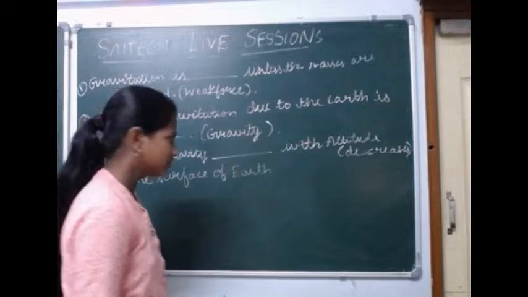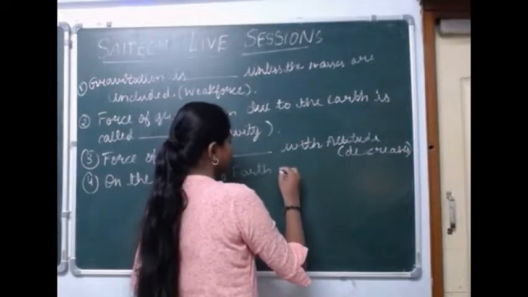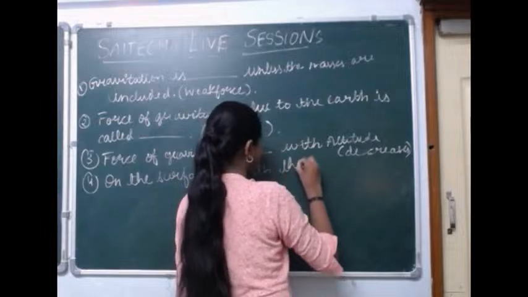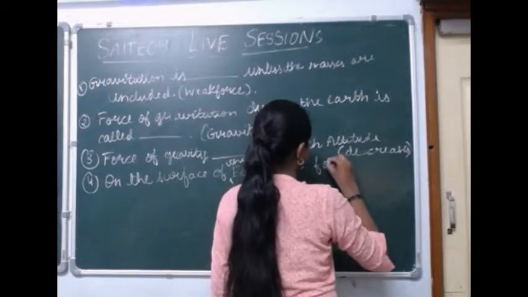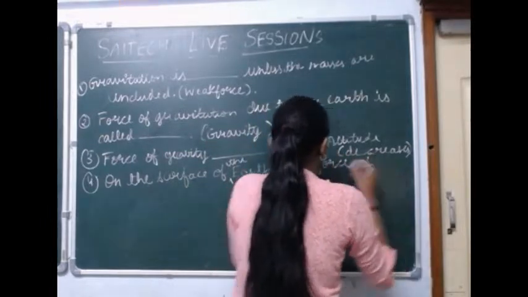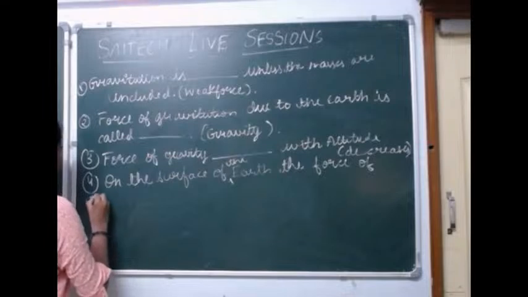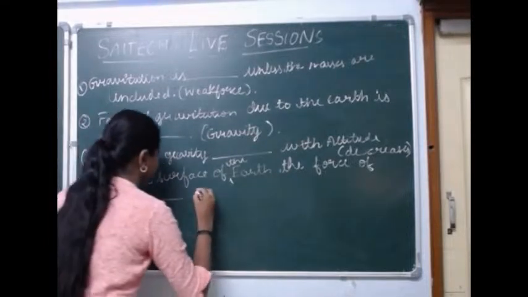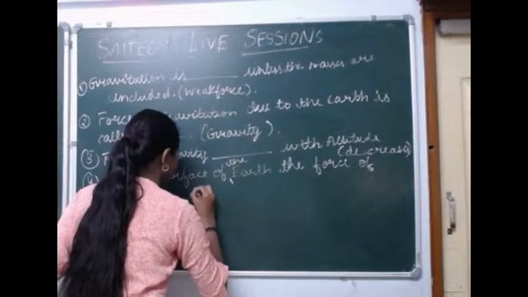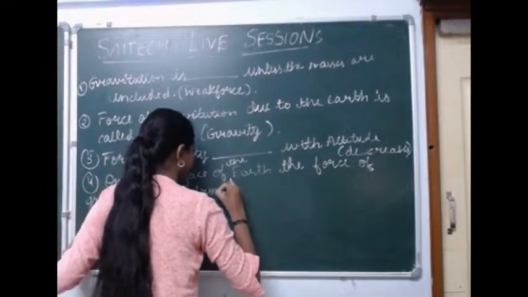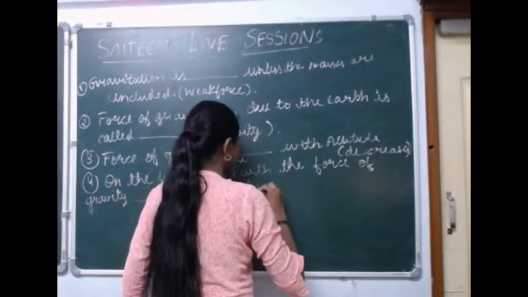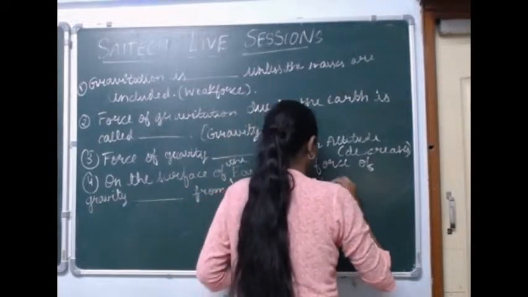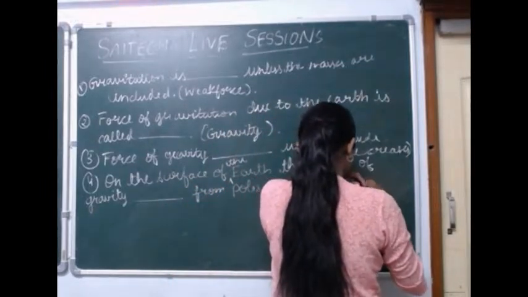On the surface of the earth, the force of gravity decreases from poles to equator. It means from poles to equator it decreases, and that is why at the equator it is the least. Are you able to follow?